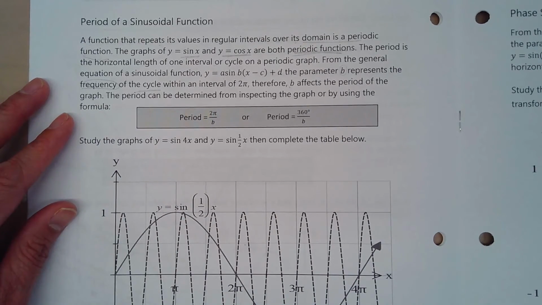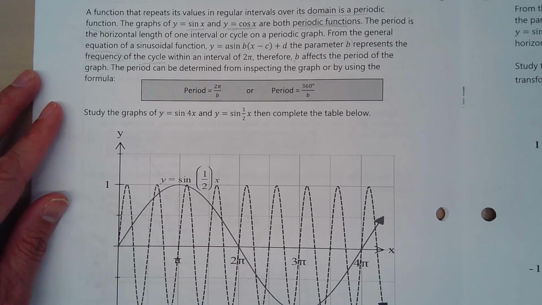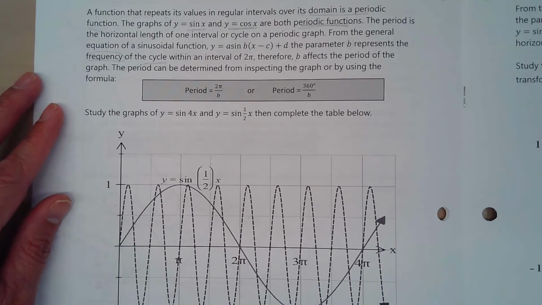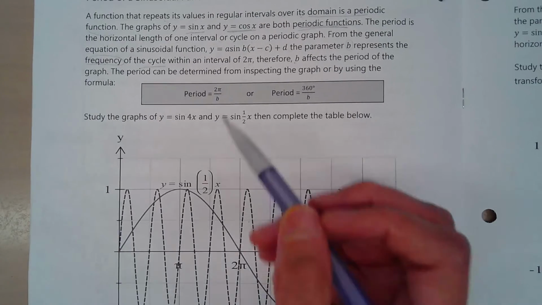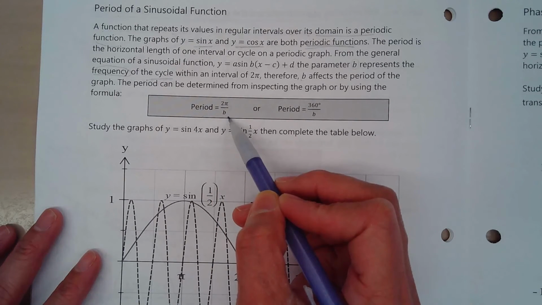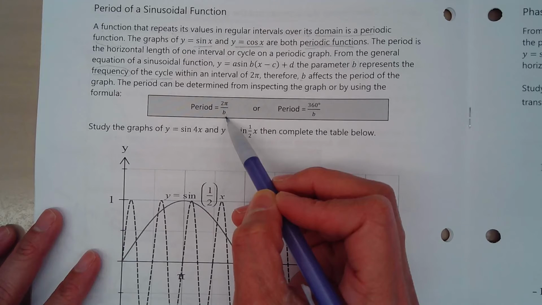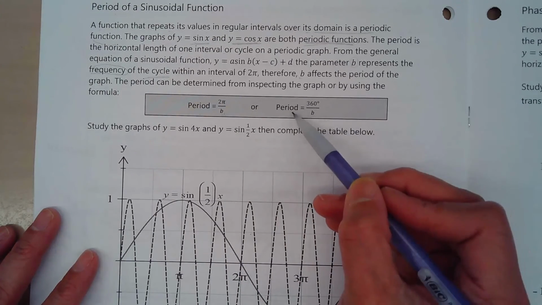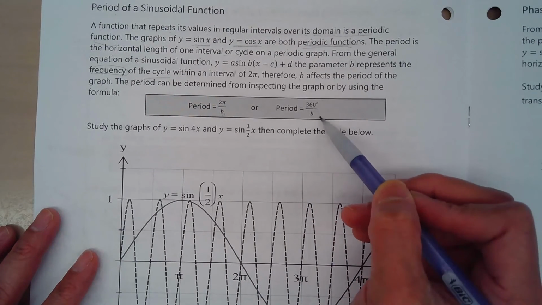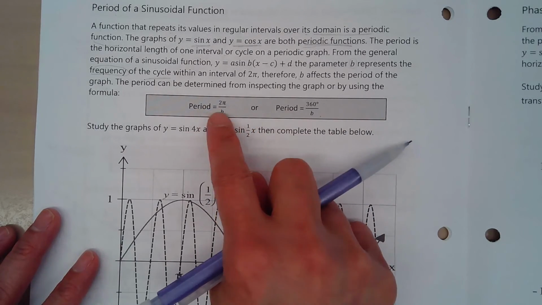The period can be determined by inspecting the graph or by using the formula. Period is equal to 2 pi over b, if you're talking about radians, or 360 over b if we're talking about the angle in degrees.